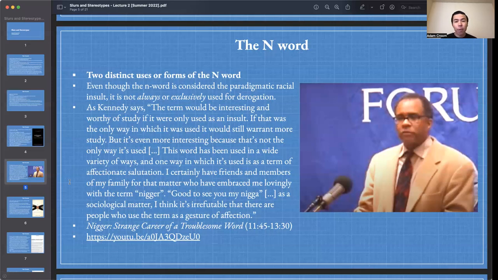I certainly have friends and members of my family, for that matter, who have embraced me lovingly with the term N-word. Good to see you, my N. As a sociological matter, I think it's irrefutable that there are people who use the term as a gesture of affection. Okay. So this is also an important point to acknowledge.